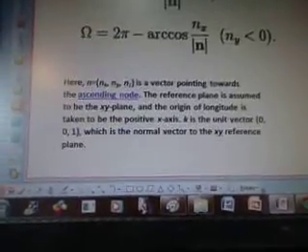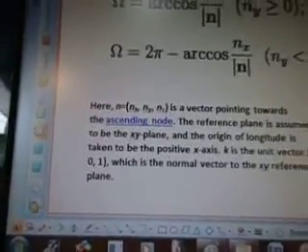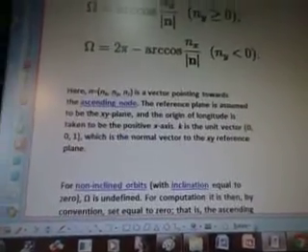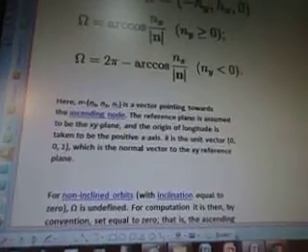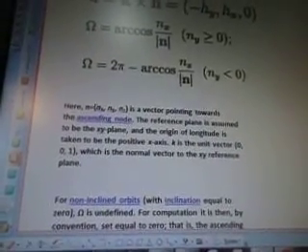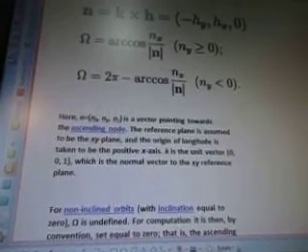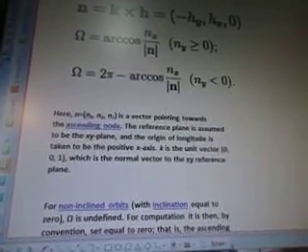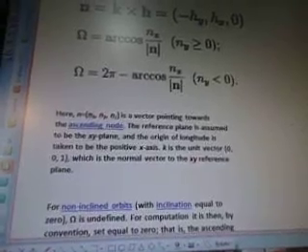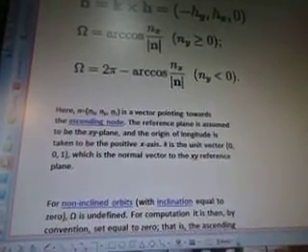Here n equals (nx, ny, 0), a vector pointing towards the ascending node. The reference plane is assumed to be the xy plane, and the origin of longitude is taken to be the positive x-axis. k is the unit vector (0, 0, 1), which is the normal vector to the xy reference plane.